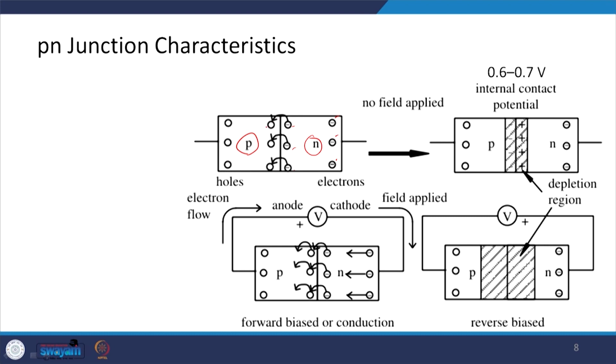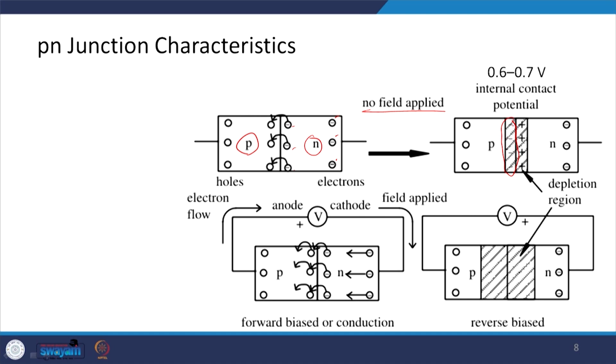So, if there is no field applied across the two terminals of this p-n junction, then what happens is that some of the electrons jump from the n side to the p side, as you can see here.